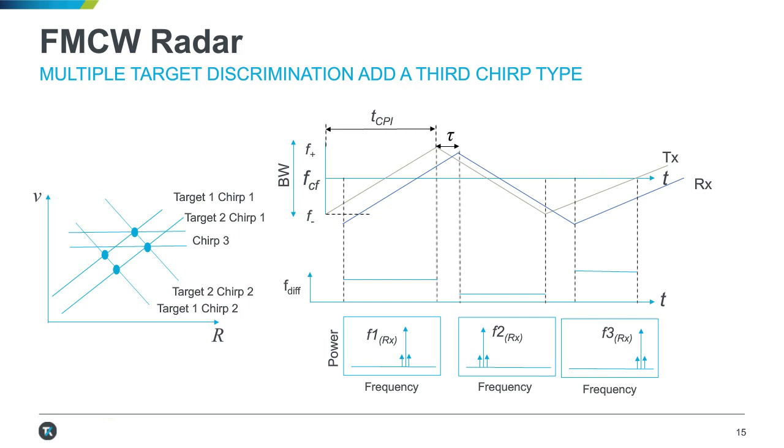The up and down chirps are going at the same frequency rate, and the third chirp we add is going at a different frequency rate, as you can see in the diagram. And this gives us enough new information to be able to figure out mathematically which two returns are the real returns and which two returns are the false returns.